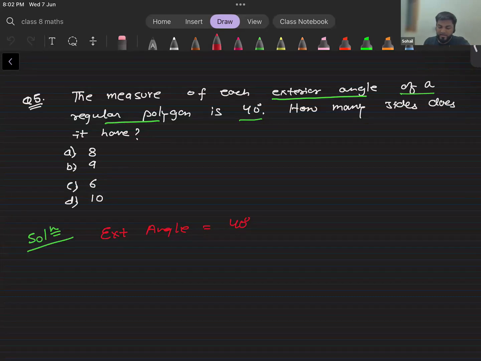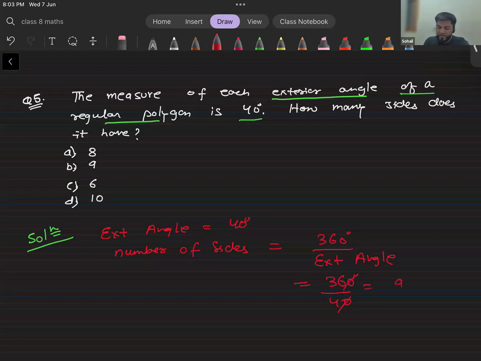Each exterior angle here is 40 degree. You have to find its number of sides. So we know that the number of sides can be found by 360 divided by the exterior angle. Yes, sir. 360 divided by 40, 0 gets cancelled, that gives you 9.